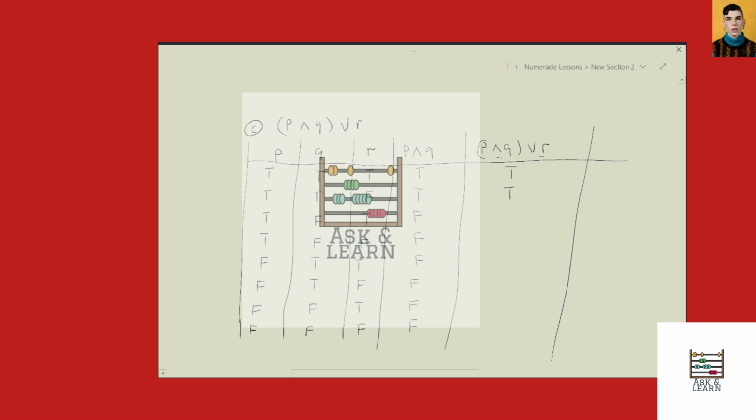The R is false here, but the P and Q is true. One of them is true here. All of them are false, so it will be false. One of them is true, so it will be true. All of them are false, so it will be false. One of them is true. Okay, so let's move to the next one.